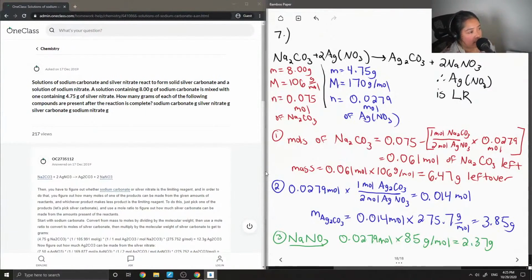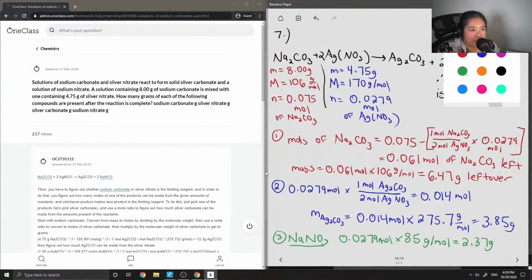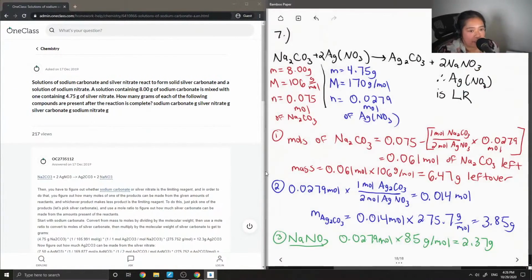And then lastly, the question also asks what's the grams of silver nitrate left over. So it's just going to be 0 since all of it reacts in the question. So I'm just going to try to fit it at the bottom.